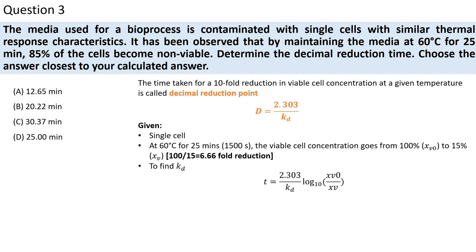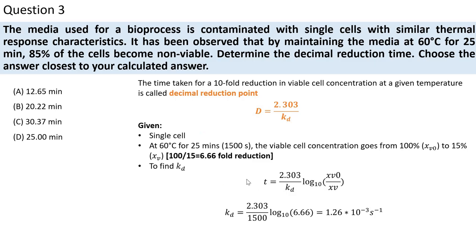To find Kd, this is the formula: t is equal to 2.303 divided by Kd into log of Xv naught divided by Xv. Xv naught is the initial viable cell concentration, whereas Xv is the viable concentration at a specific time. So we will rearrange the formula.